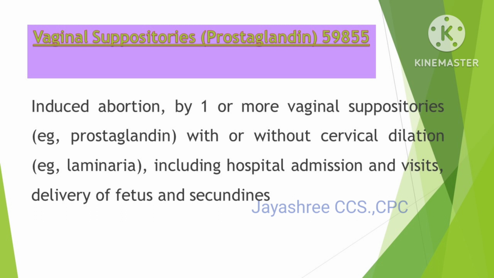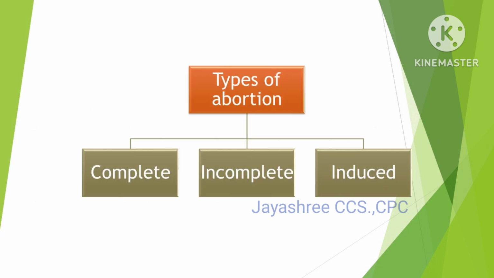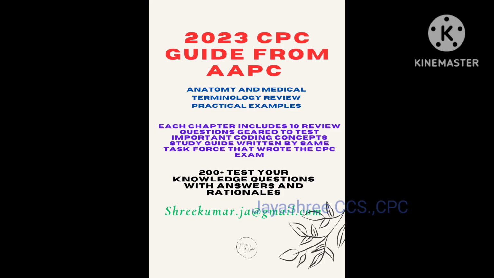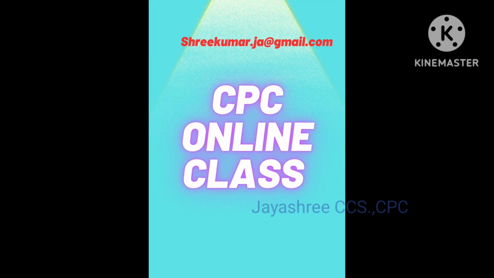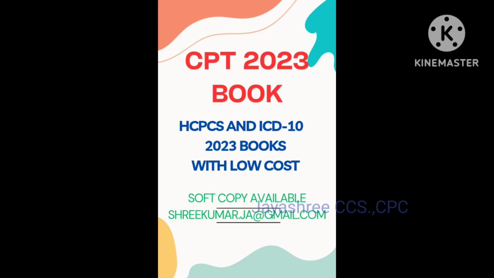The cervix dilates, the provider manages the labor that follows, and delivers the fetus and placenta. So this is called 59855 CPT. Okay. So laminaria means a small rod made from seaweed that absorbs moisture and expands inside the cervix to open it. That's it about the abortion sections.